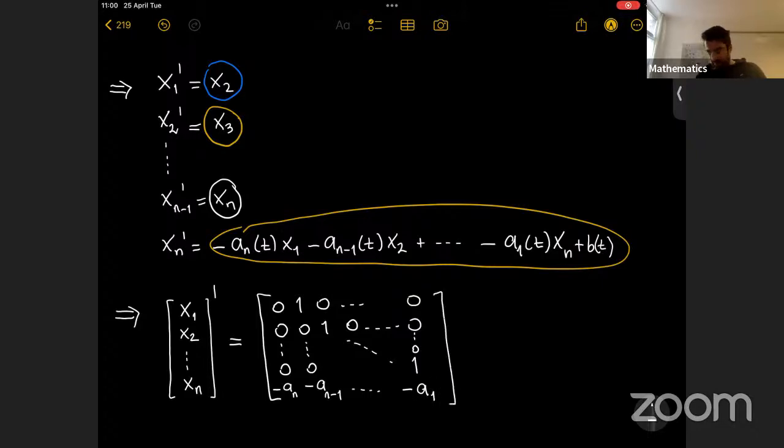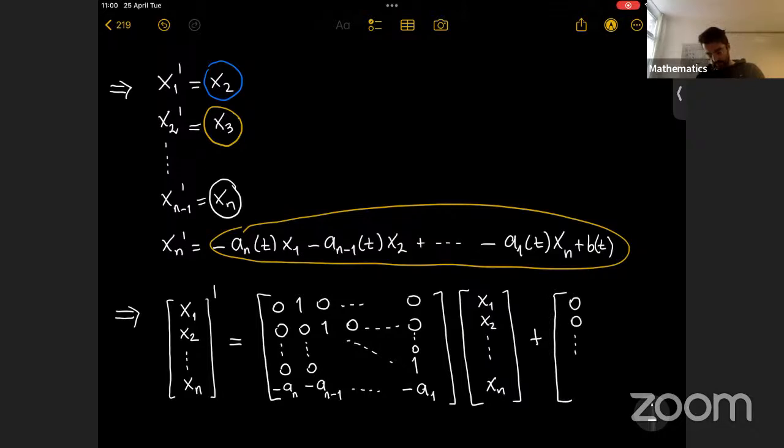When you multiply this with x1, x2, xn, you will get the above system except for the non-homogeneous part, b(t). So you will add 0, 0, and the last entry will be b(t). Okay.